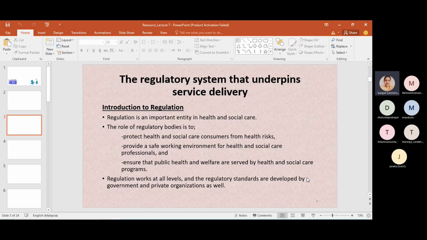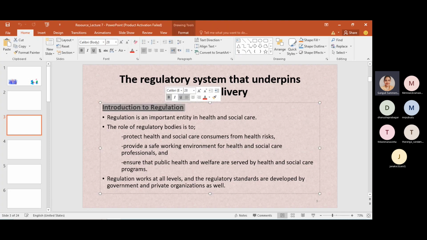Basically, in supervising, someone oversees us, right? Someone checks whether we are doing our job correctly or not. That is what happens in supervising. The supervisor sees if we are doing things properly or not. The same thing applies in regulation as well.